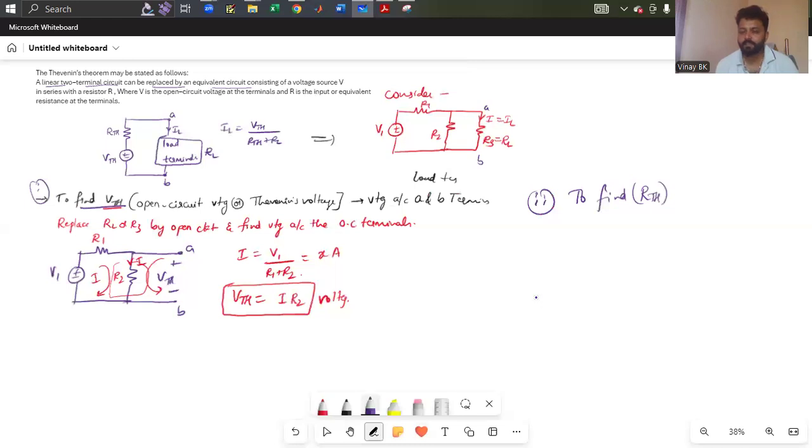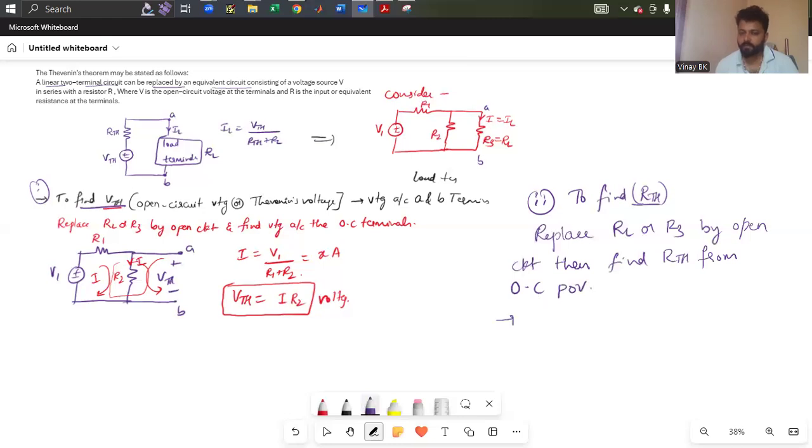If there is a voltage source, replace. Before that, to find RTH, replace the load resistor or R3 by open circuit, then find RTH from the open circuit point of view.